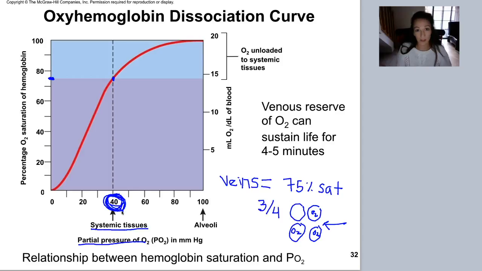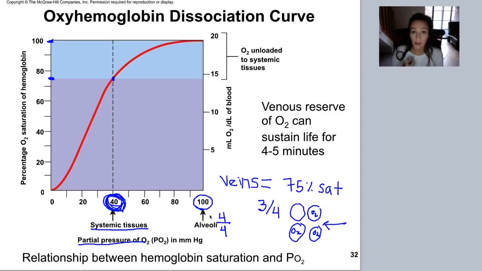Then it's going to travel back to our lungs. And when this blood arrives at our lungs and gas exchange occurs at the alveoli, our partial pressure of oxygen is going to be very close to 100 millimeters of mercury. At 100 millimeters of mercury, if we read our graph, the percent saturation of hemoglobin with oxygen is about 100%.